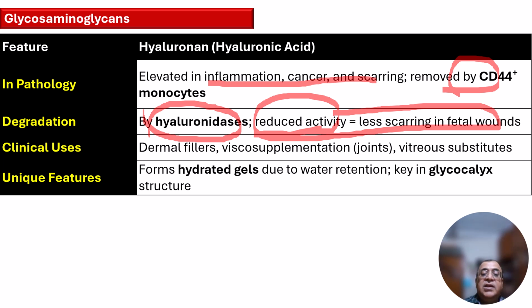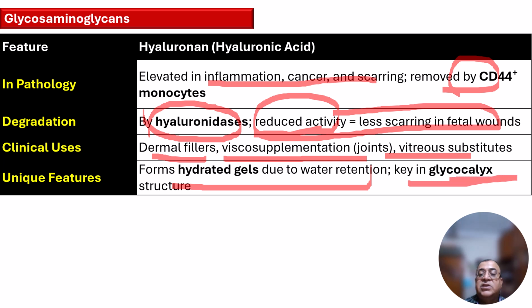They are used clinically in dermal fillers, viscous supplements for the joints, and vitreous substitutes. They form hydrated gels due to water retention, and they are key in the glycocalyx structure of the cell.